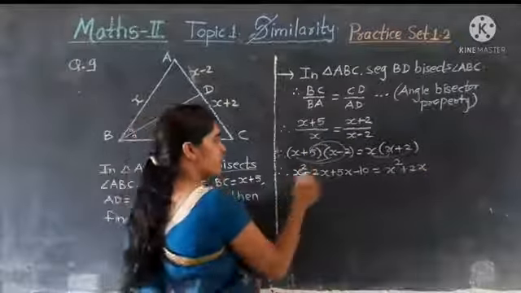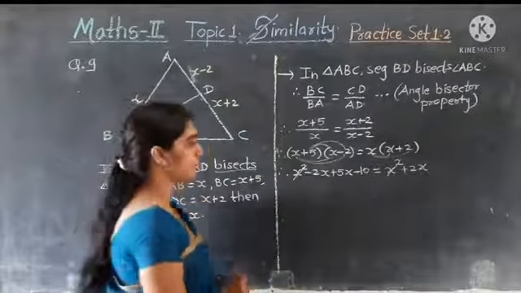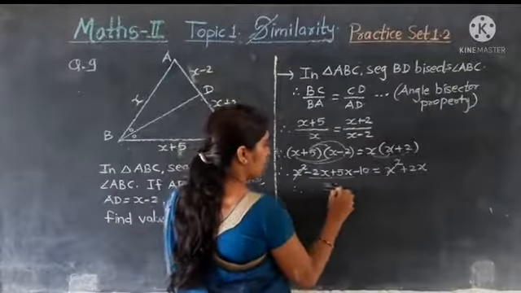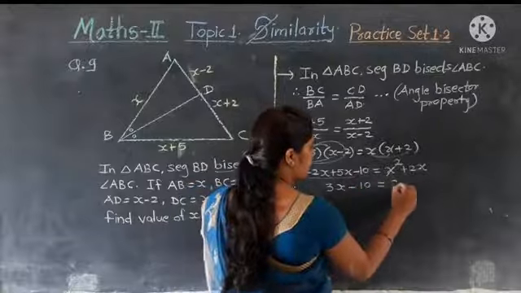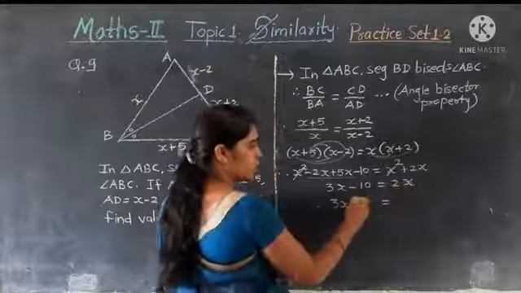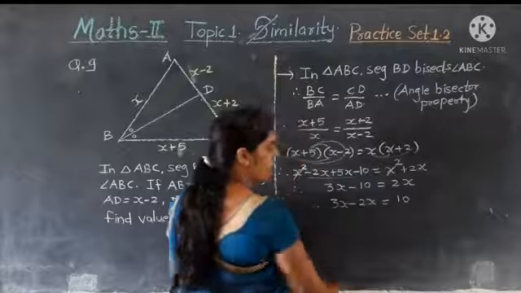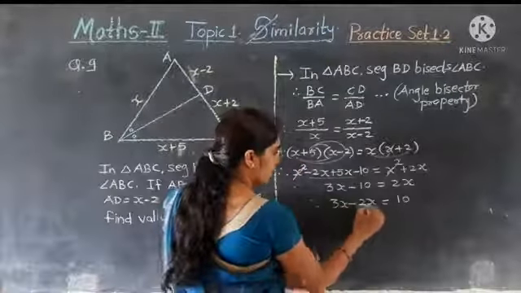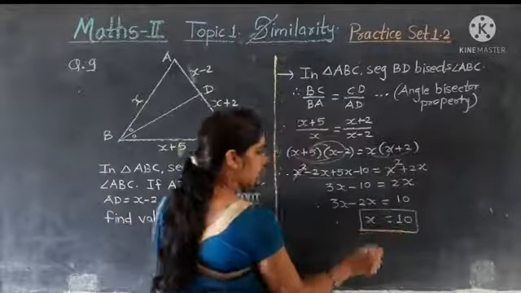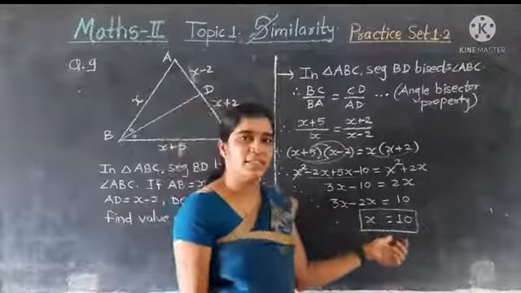Here observe x square will cancel, because x square goes to RHS, then becomes minus. Minus 2x and plus 5x is 3x minus 10 is equal to 2x. Therefore, 3x take as it is, 2x goes to LHS as minus 2x, and 10 goes to RHS as plus 10. 3x minus 2x is 1x, that is x is equal to 10. We want the value of x, so we get the value of x as 10.